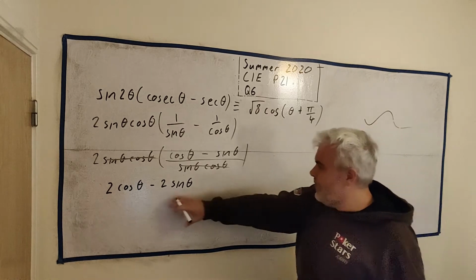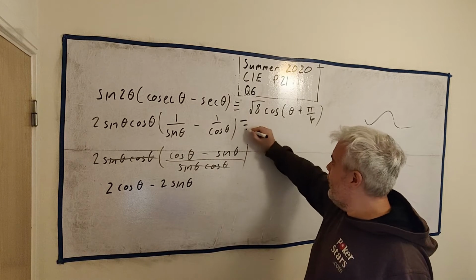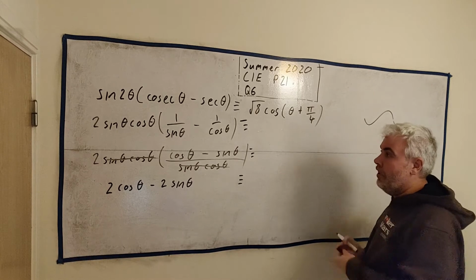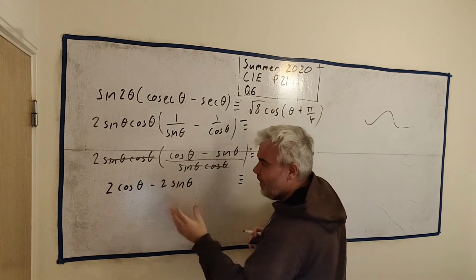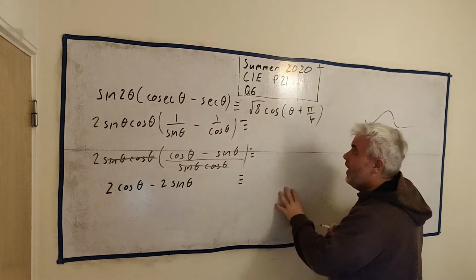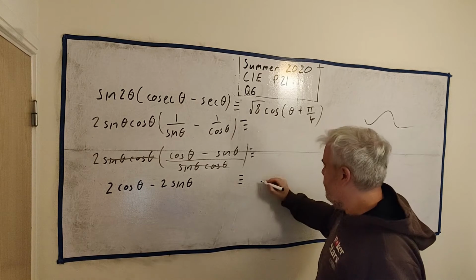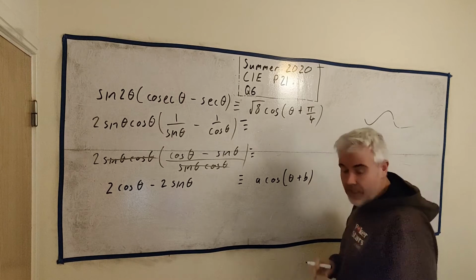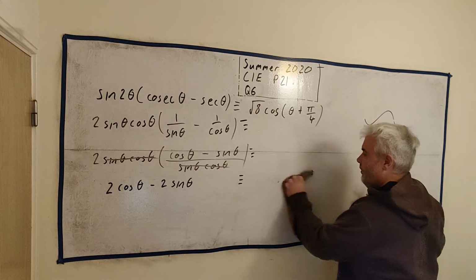Now, there might be a better way to play around with this, but I think the easiest way for me to show this is to play around with the right hand side now and make it look like this left hand side. Because that's the best way I know to combine two trigonometric functions like that into one. Often I'd write A cosine theta plus B, something like that. But I don't need to guess it this time because I already have that template here.